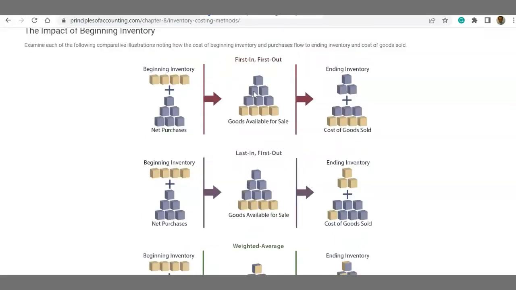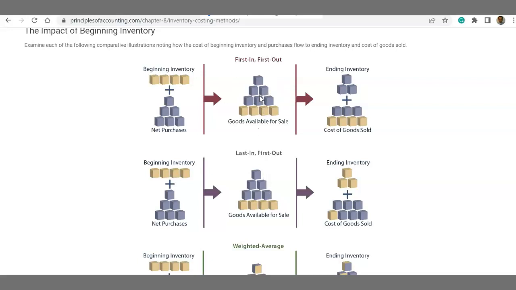So FIFO, in a market where prices keep going up and up, will show that they are always selling the cheap inventory purchased last year or a few months ago, and that's why they are making more money. But under LIFO, they always show that they are selling the inventory they recently purchased, which is expensive, and that's why they make less money.